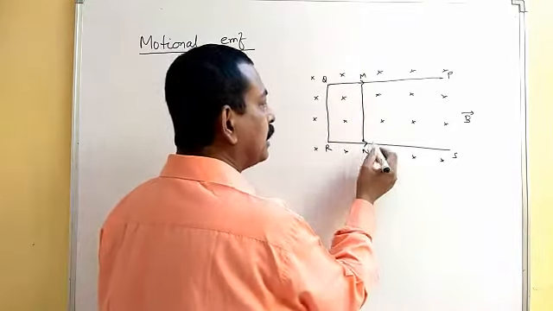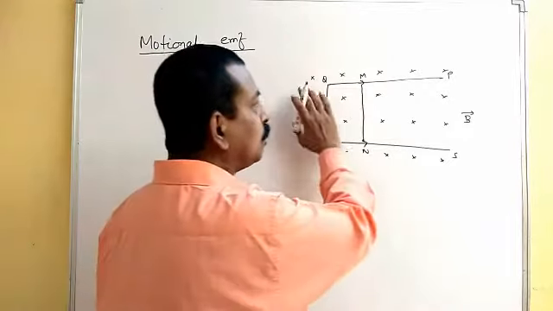We have a slider MN, which can slide over this parallel track.